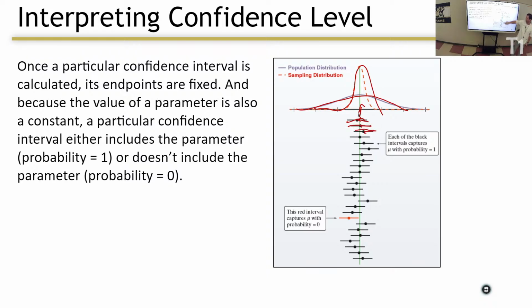Beautiful. Caught it, caught it, caught it, caught it, caught it. That one right there missed it. So if this was 100 confidence intervals, one of them missed it. I must have done a 99% confidence interval. Fair enough? Does it mean I did that? No, I could have done a 98, could have done a 95.